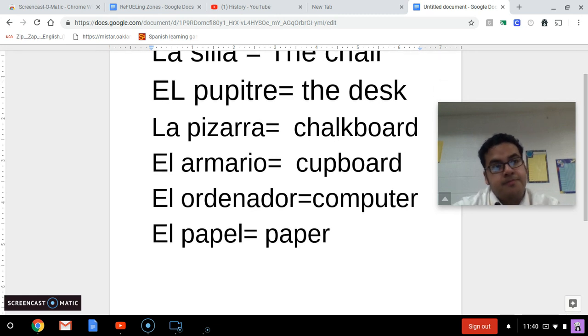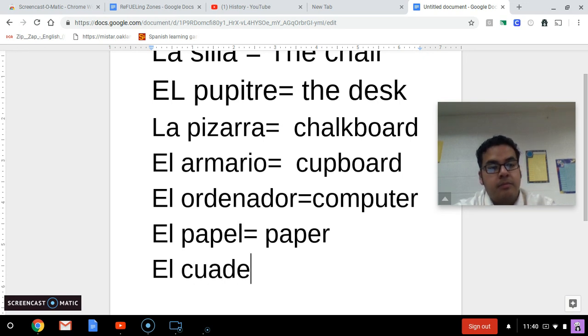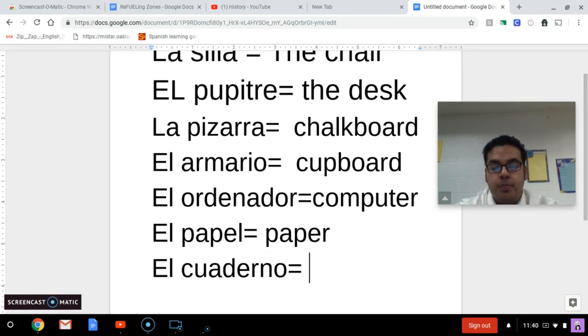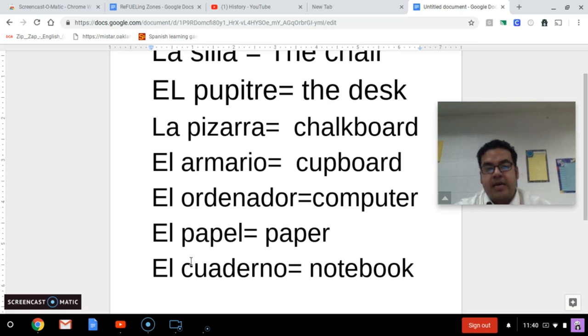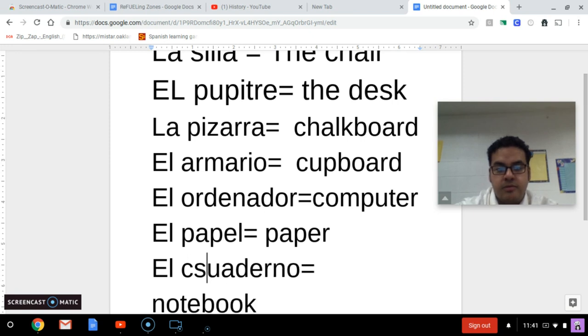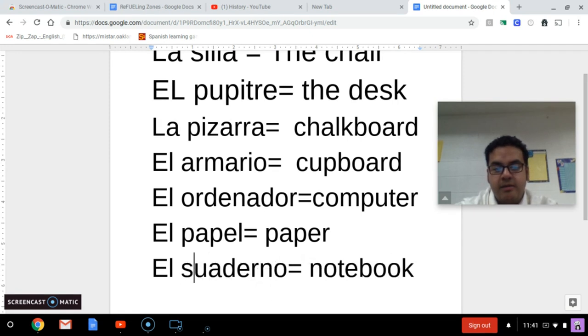All right, next up, we have el cuaderno. And cuaderno means notebook. If you really look at it, you can almost make this word into square. So squared. Cuaderno just means that square looking thing, which is what we call notebook.